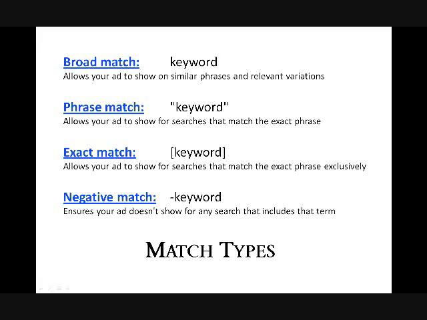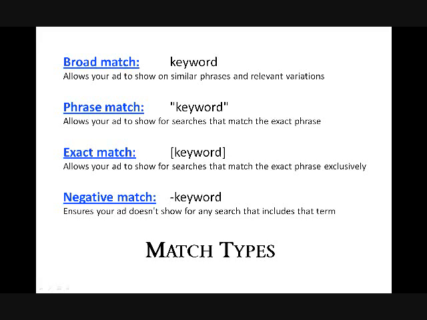Some people like to narrow that and say, no, I only want my ad to show if someone types these two words in this specific order. So for instance, project management. You might say, I only want my ad to show if the words project and management are together in that order, and that would be considered a phrase match.